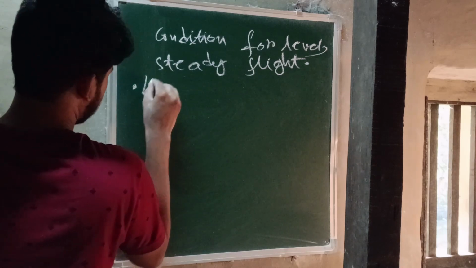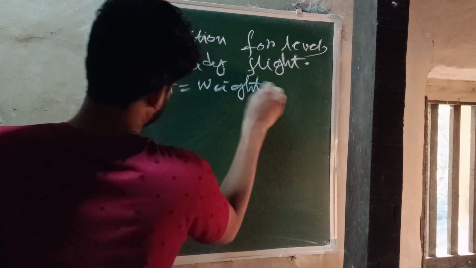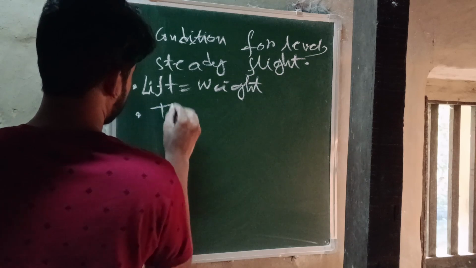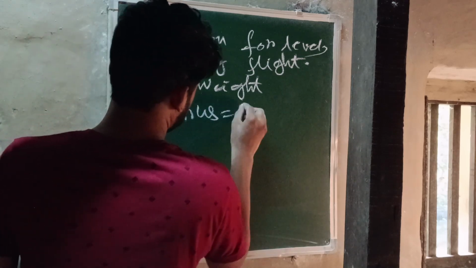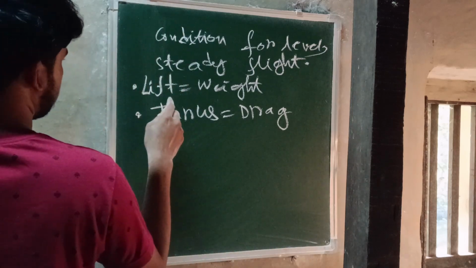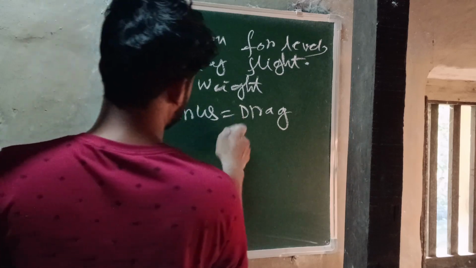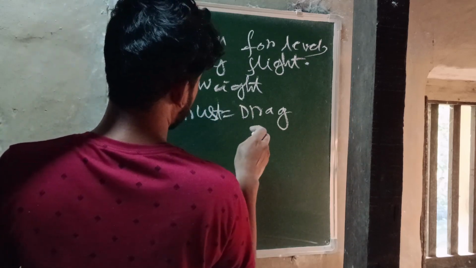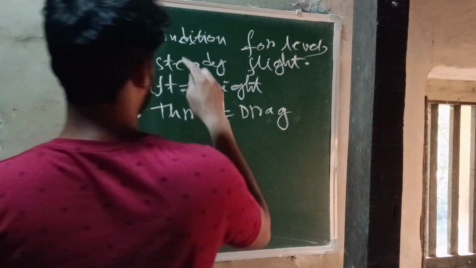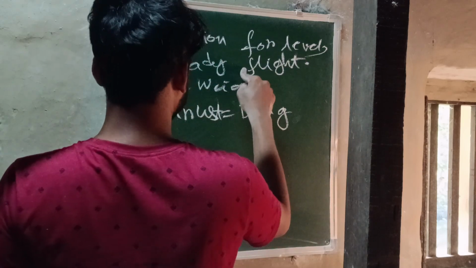Number one condition is lift equals weight. Number two is thrust equals drag. If the aircraft's lift equals its weight and its thrust equals its drag, then the aircraft flies level and steady.